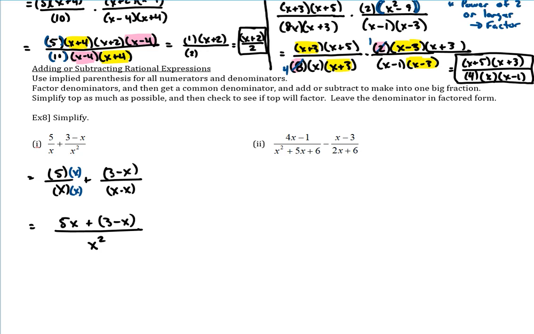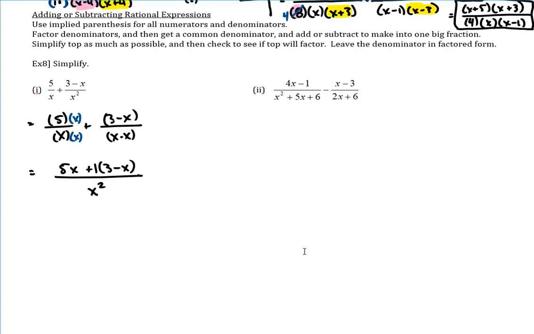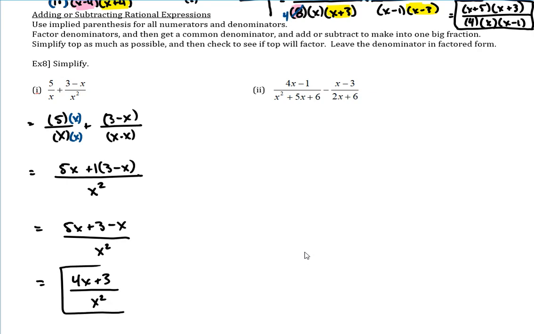It is a positive 1 in front, that would distribute. So we'd have 5x, positive 1 times 3 is 3, positive 1 times negative x is negative x over x squared. And one last thing, it looks like I have some like terms. 5x minus x would be 4x plus 3 over x squared. There we go, and that's it.